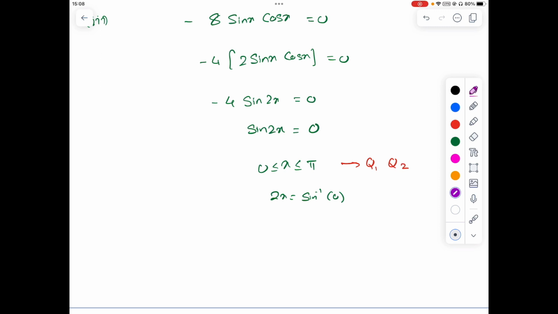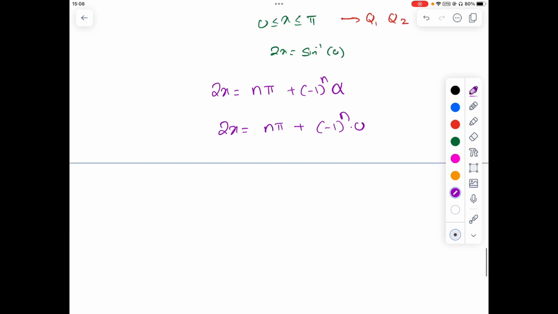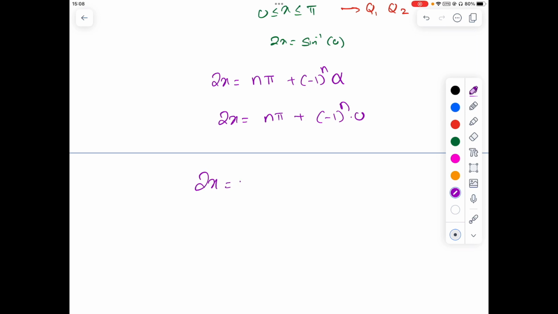I write the general solution: 2x equals n pi plus minus 1 whole to the power of n times alpha. Alpha value is 0. So 2x equals n pi, and x equals n pi by 2.